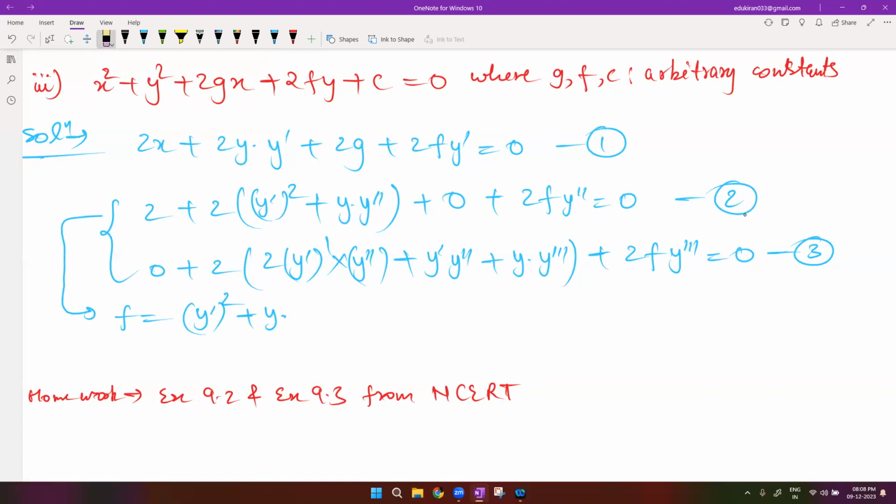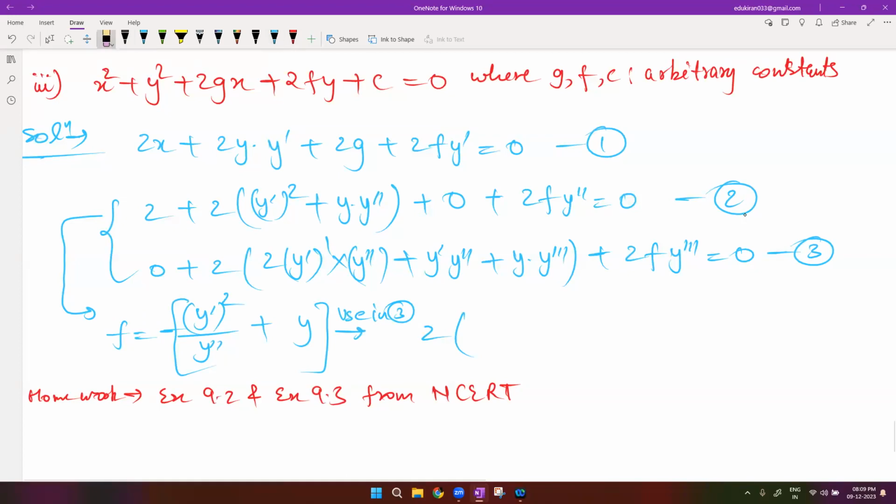You can also write it like this: y dash whole square divided by y double dash plus y, and this whole term will be with the negative. So the value of f from the second equation can be found out. This will be this, and use this in the third.